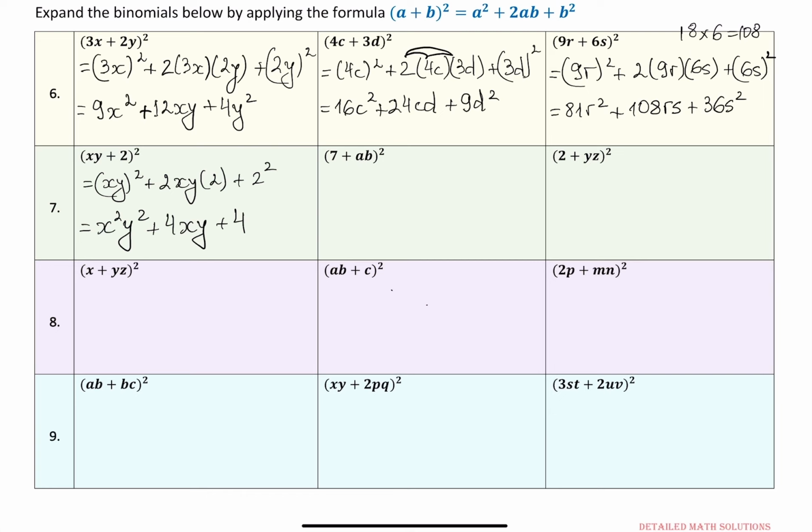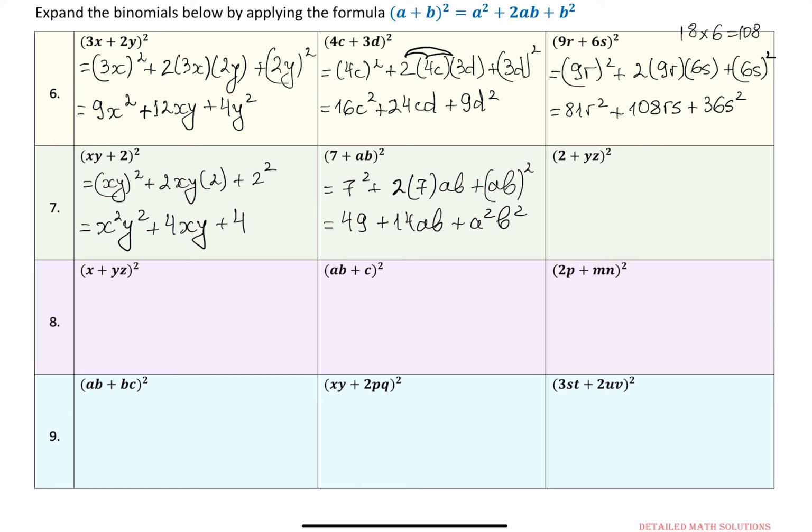Next, (7 plus ab) squared is 7 squared plus 2 times 7 multiplied by ab plus (ab) squared. This equals 49 plus 14ab plus a squared b squared.